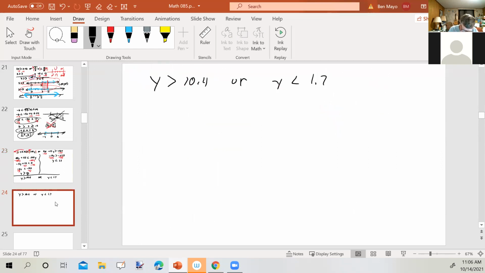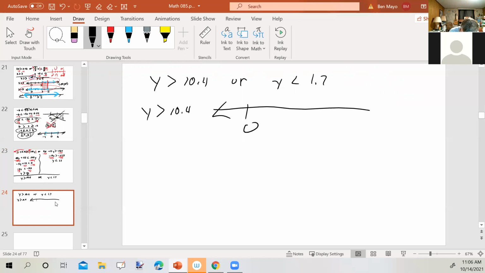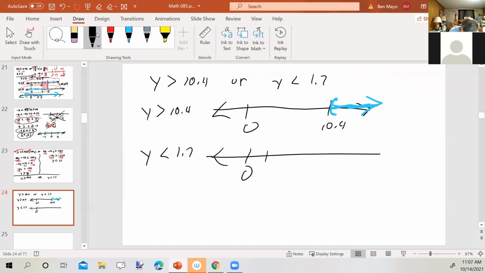So let's see here. If I were going to graph y greater than 10.4, it would look like that. I'm going to graph y less than 1.7. That's going to look like that, but we want the union.